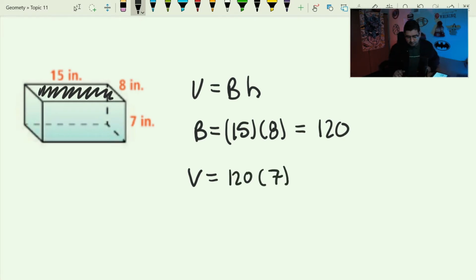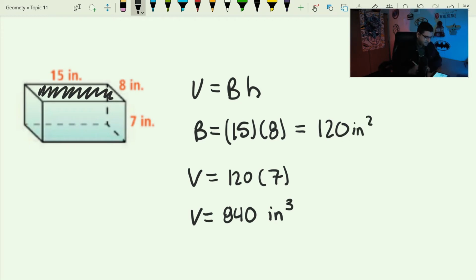Multiplying these two together, you should get 840. This is in inches, so our units are inches cubed for volume, and technically B was inches squared. And that's how you find the volume of a rectangular prism.